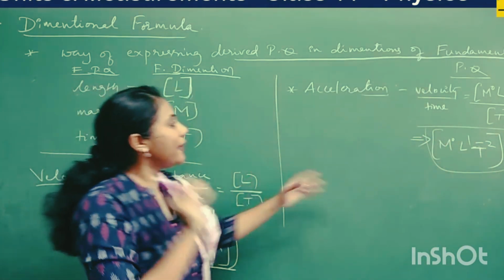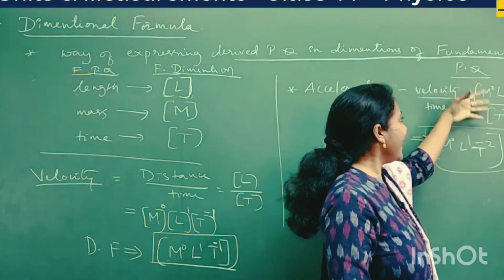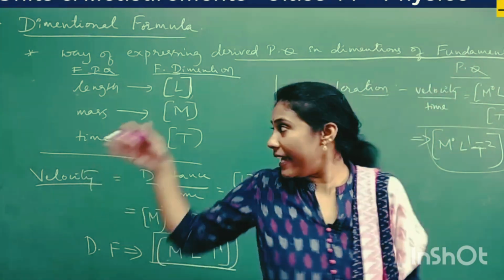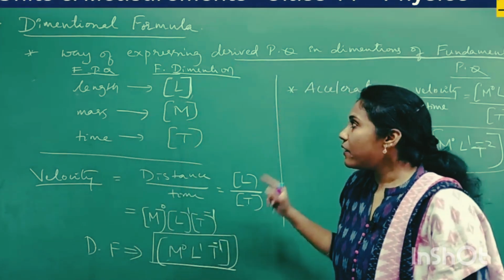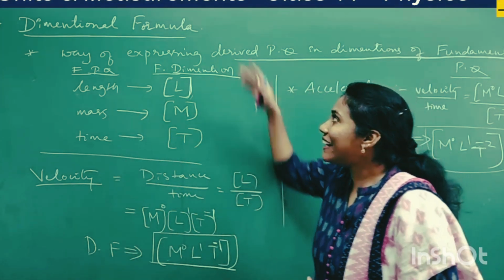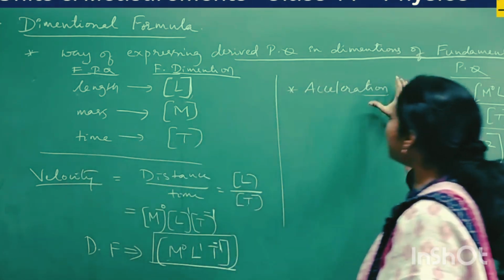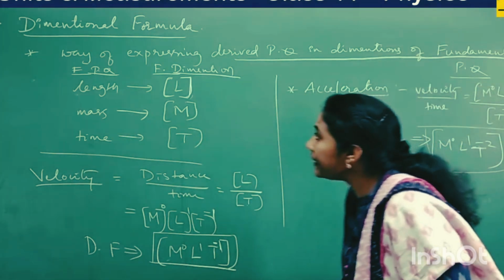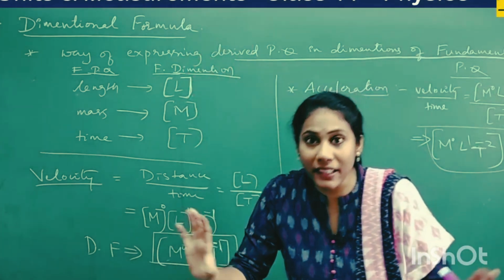If you can remember the formula, then everything is just expressing them in the dimensions of length, mass and time. So I can simply say dimensional formula is nothing but expressing derived physical quantities in terms of length, mass and time mainly.